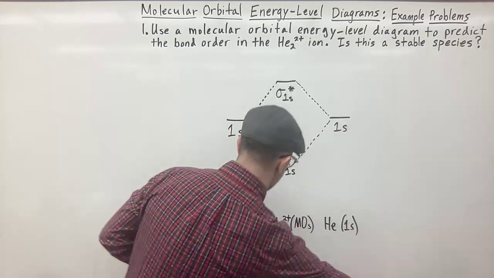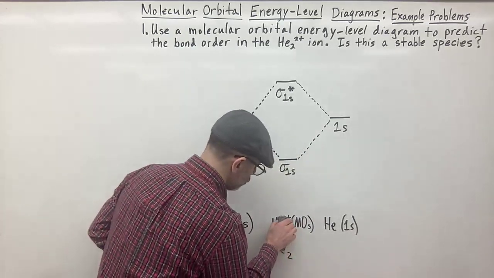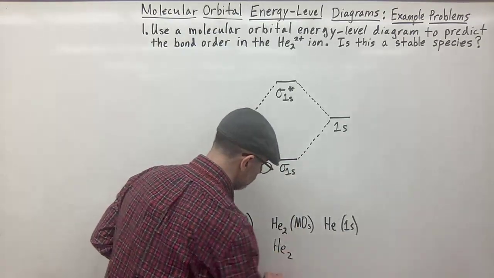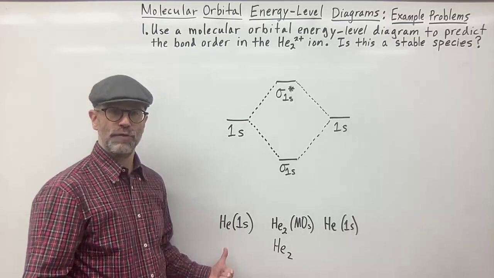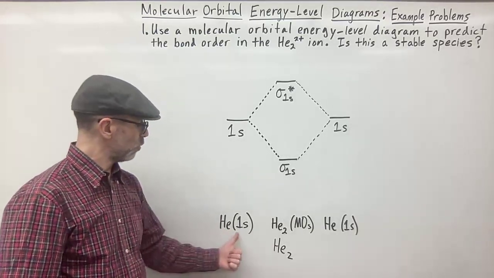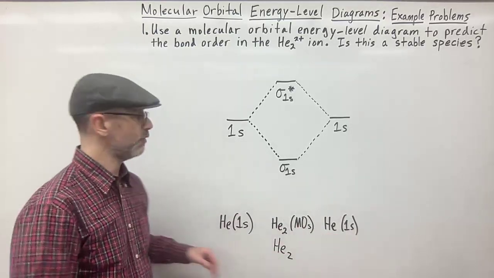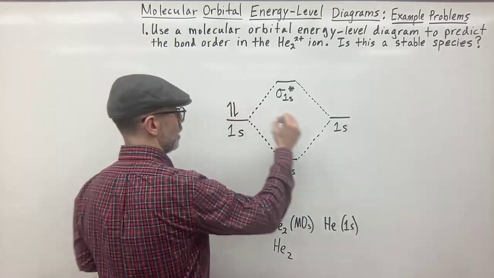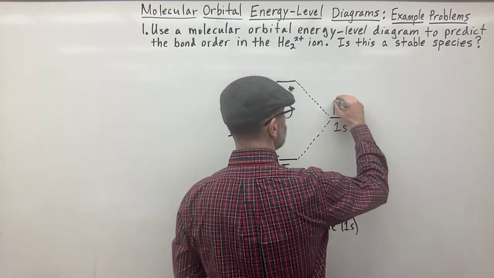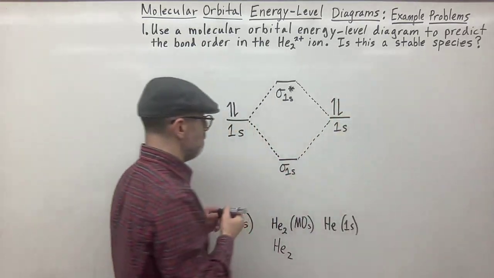If I erase the 2+ here first, we know that helium has two valence electrons in the 1s. So both of these would have two valence electrons, spin up, spin down, and spin up, spin down.